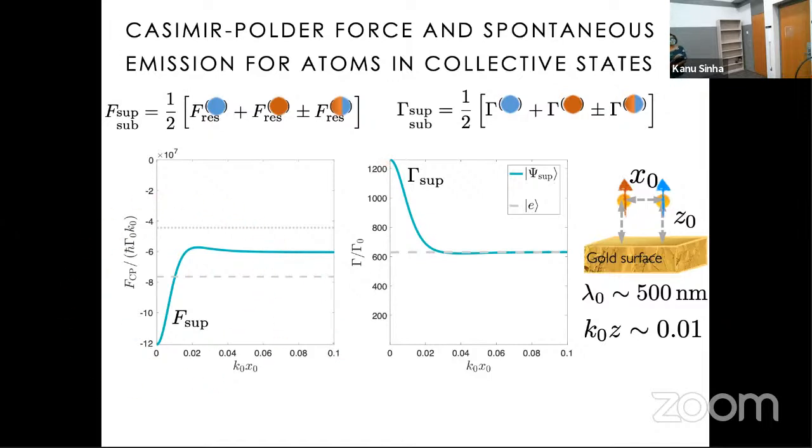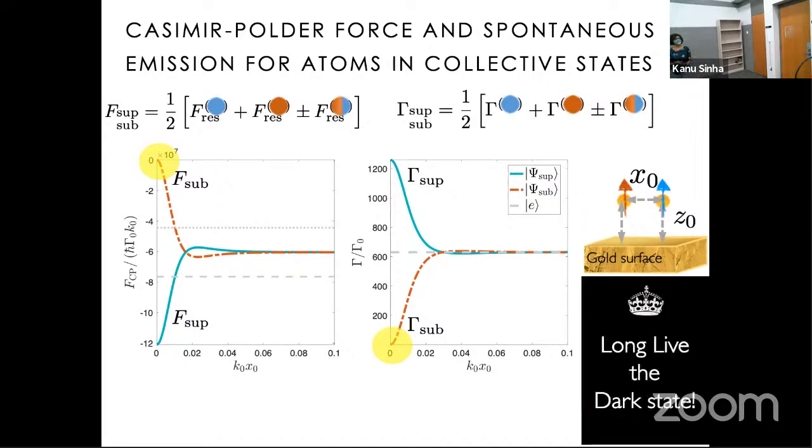Okay, so this is something that's interesting, but what's even more interesting is that we can consider the subradiant states, in which case we find that there is both a suppression in the total gamma as well as in the Casimir-Polder attraction. So these states, while having a long lifetime, also have a suppressed undesirable Casimir attraction, which makes them attractive for being able to trap particles near surfaces. Okay.